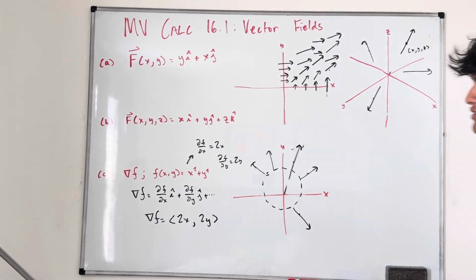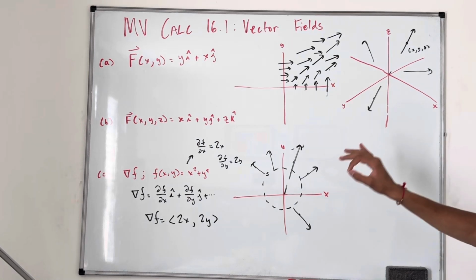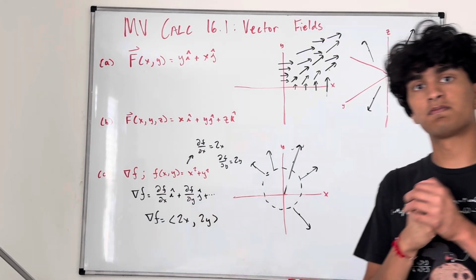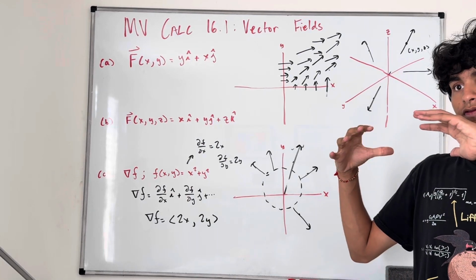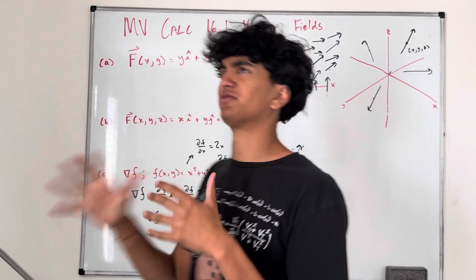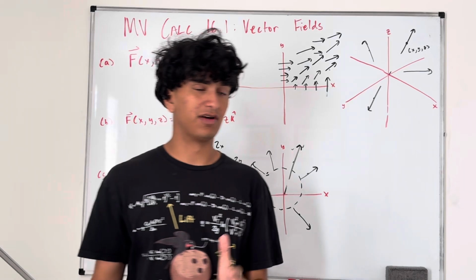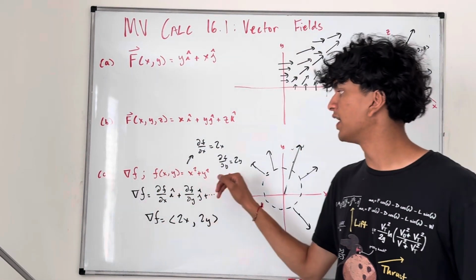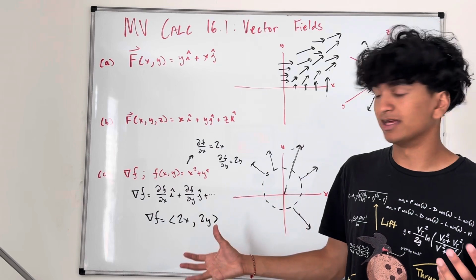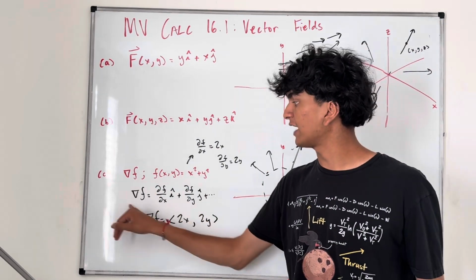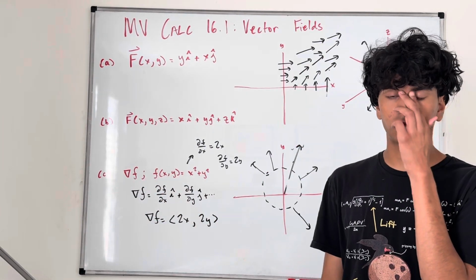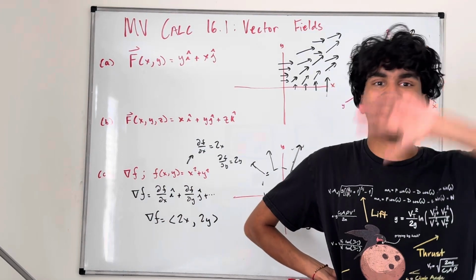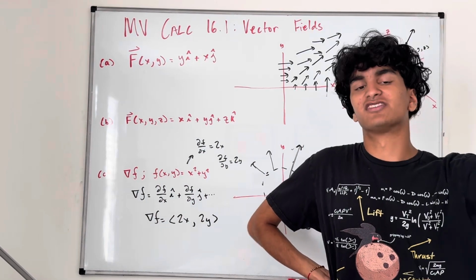Another thing to note is, here's the deal. The gradient actually, okay, how do I explain this? I'm pretty confident that if a function f of x, y has a gradient, gradient f, this is actually a conservative field. And what does that mean? We'll see what a conservative field really means.